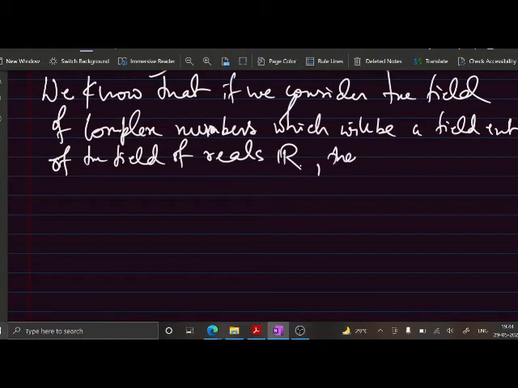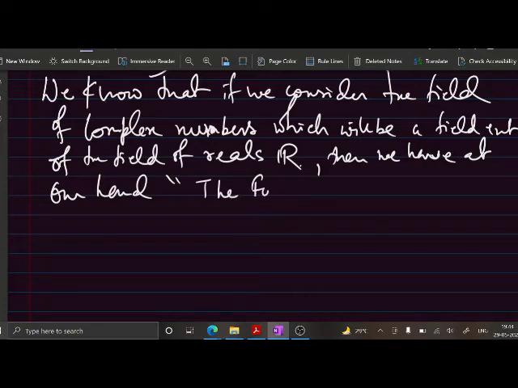then we have at our hand the fundamental theorem of algebra, right?